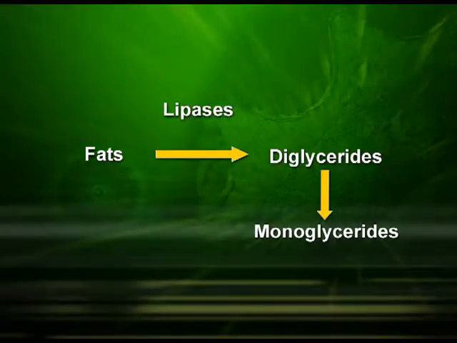I would like to repeat this point. Lipases will act on fat, will convert fat into diglycerides, and these diglycerides will be converted to monoglycerides. That means it is becoming simpler and simpler. Of course, when it comes to mono, that is the simplest form. Now, it is ready to be absorbed.